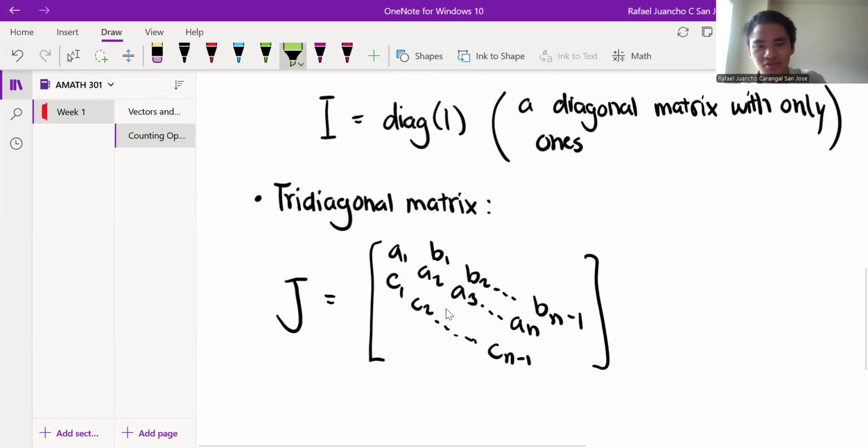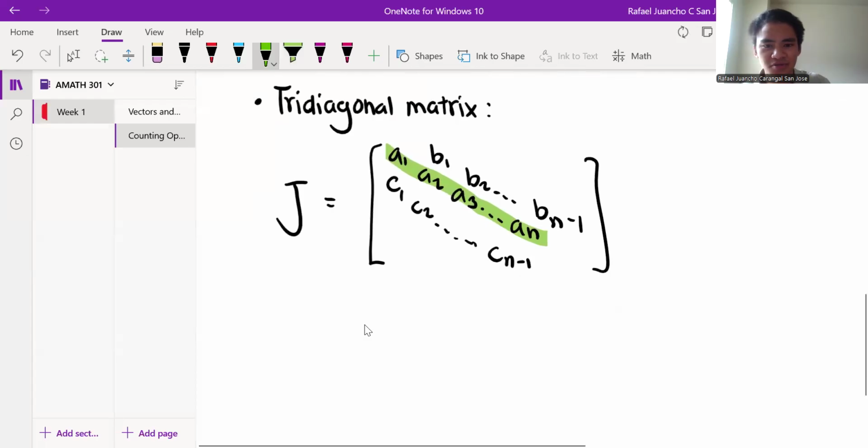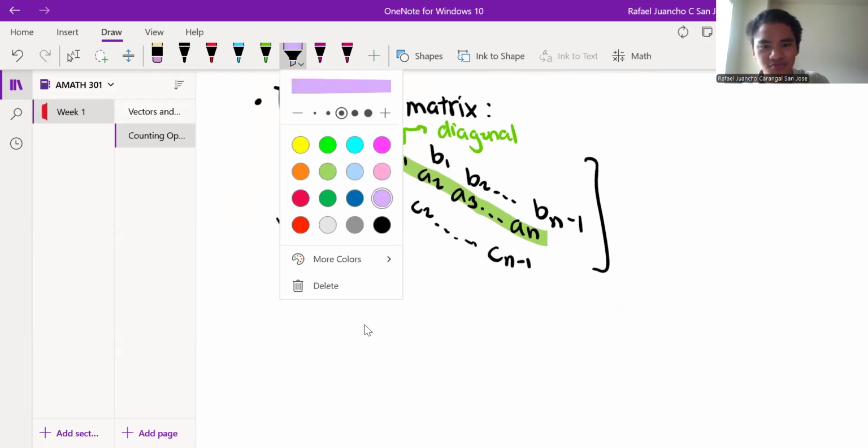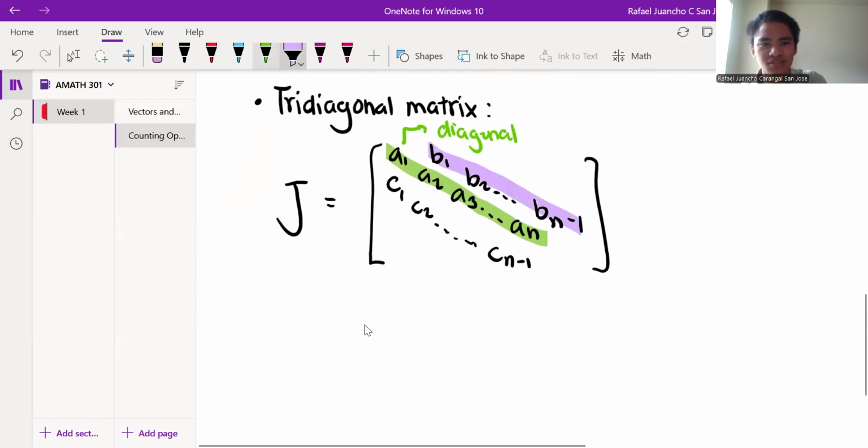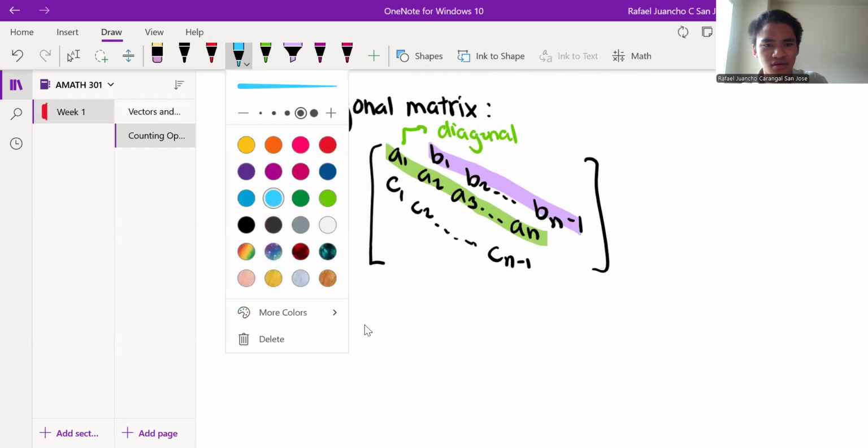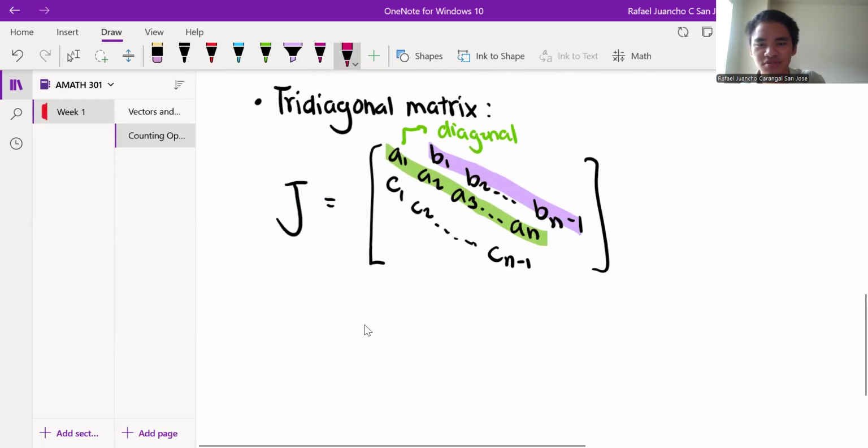And so what do these mean? Well, the middle part, we call it the diagonal. I'll use a different highlighter. Let's use purple. This thing here, I'm going to go with this color. We call that a super diagonal.